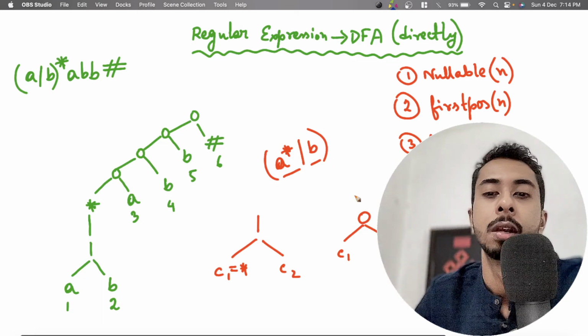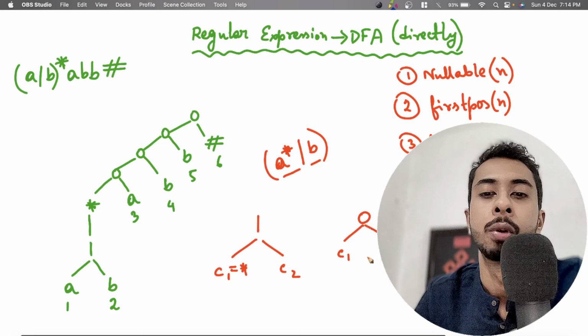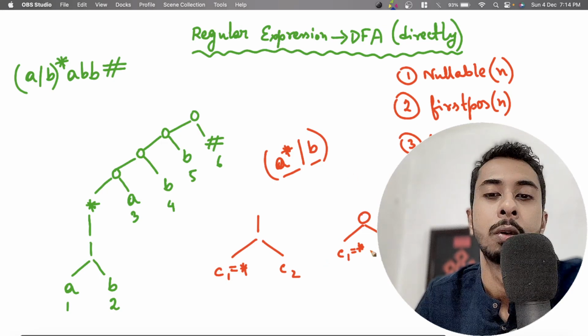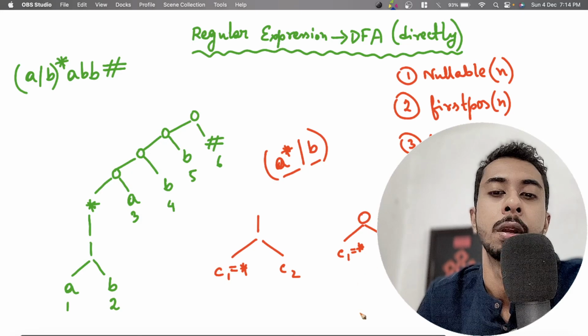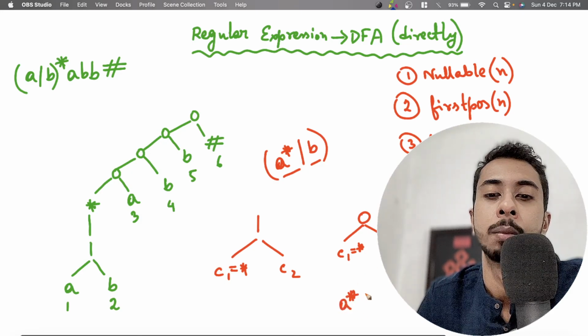But in case of an AND node, C1 has to be nullable as well as C2 has to be nullable. If both of them are nullable, then only this cat node can be made null. For example, let's say we have something like this, A star B. Is it nullable? It is not nullable because B must be present.